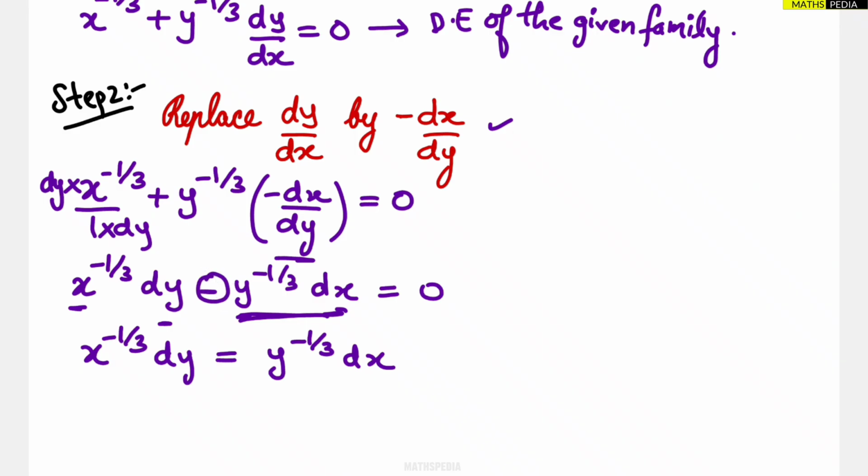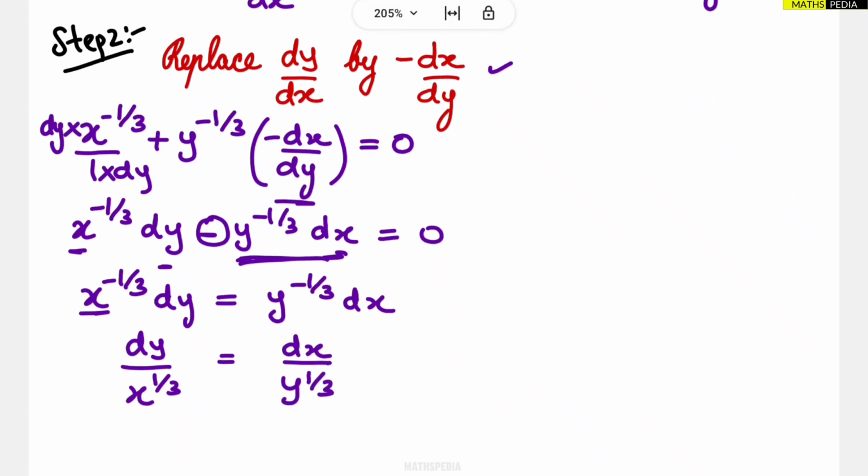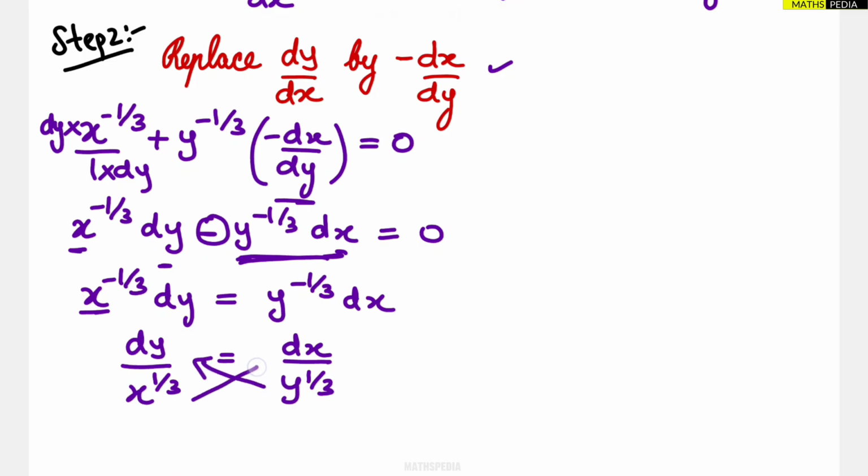Now I write it like this: the negative power becomes a positive power if you bring it down. Now you multiply here and here. Now one equation is formed.